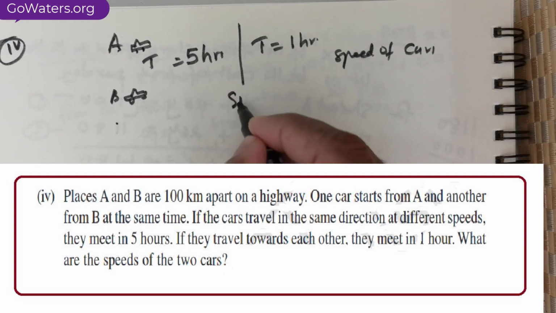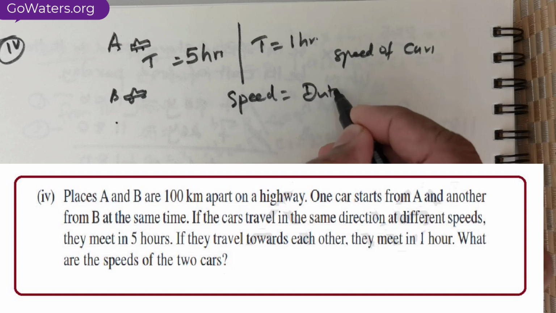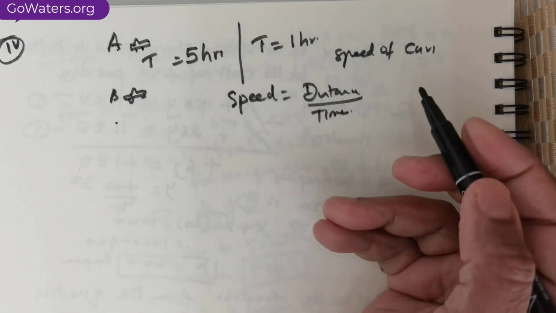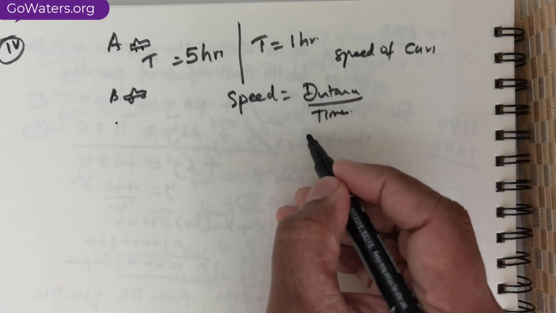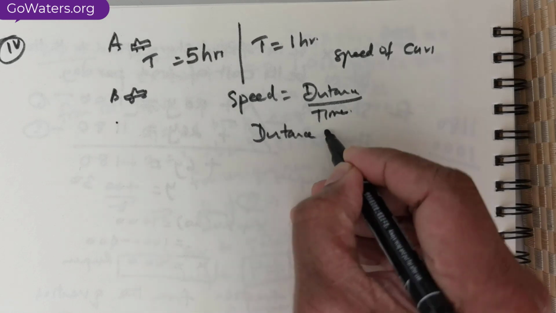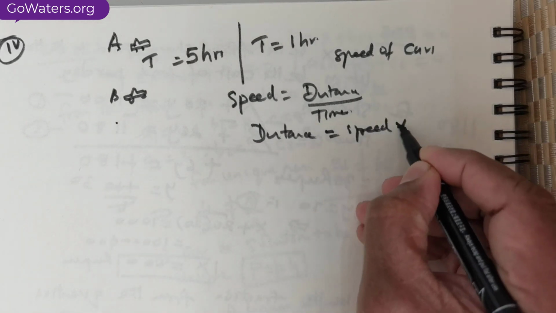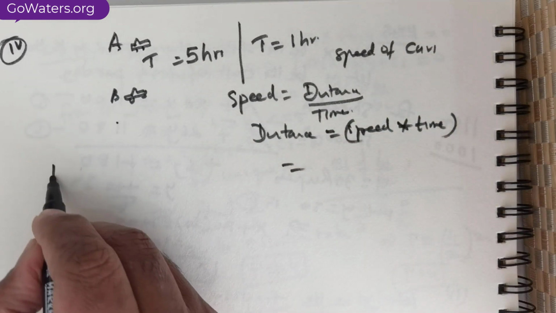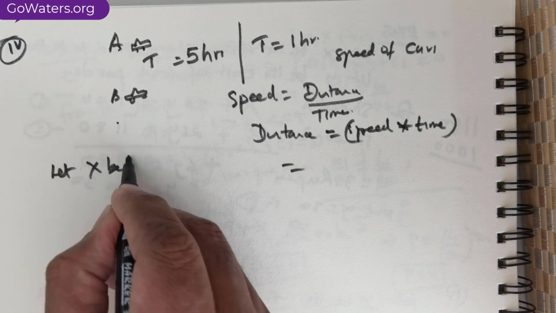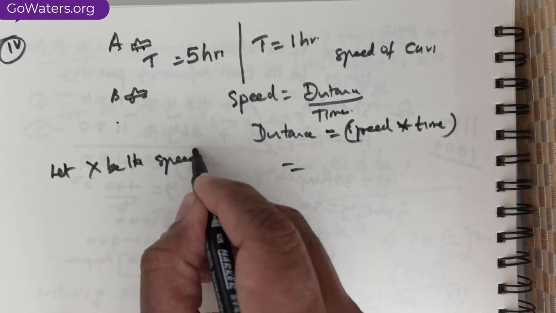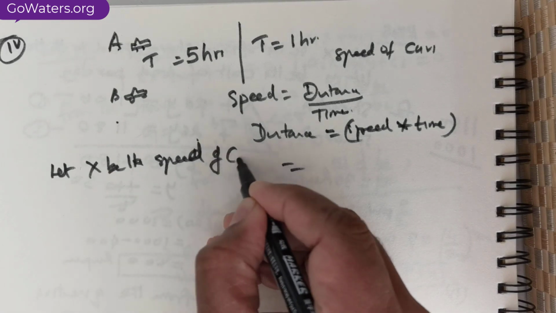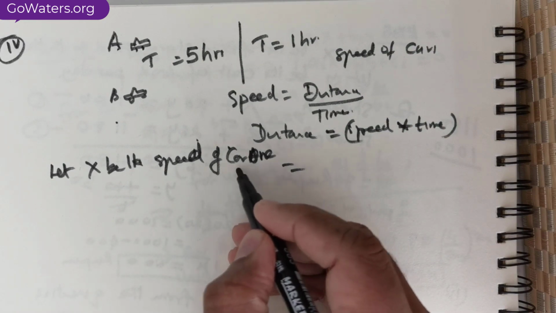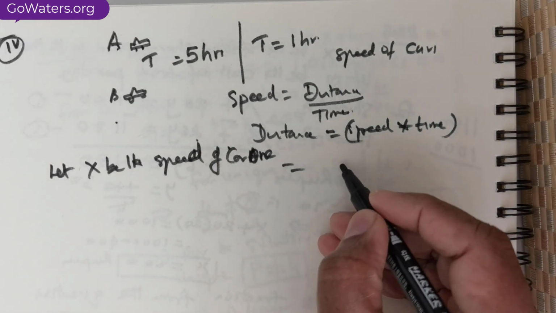So we will be using this formula. Speed is equal to distance divided by time, and since the distance is going to be the same, this would mean distance is equal to speed multiplied by time. For the first car, we don't know the speed, so let x be the speed of car 1.